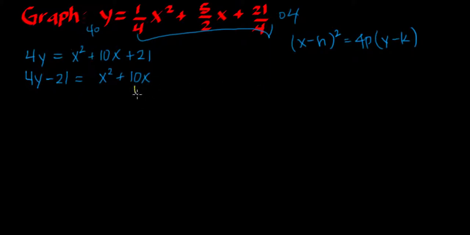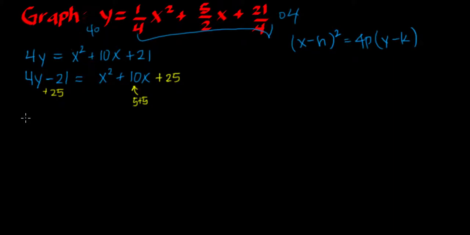So for me, this 10 is actually 5 plus 5 mentally. That way I can think about the last number as actually 25. So I want to add 25 to the right side of the problem. I can't just throw it in there, so I'm going to add 25 to the left side of the problem to balance it off.